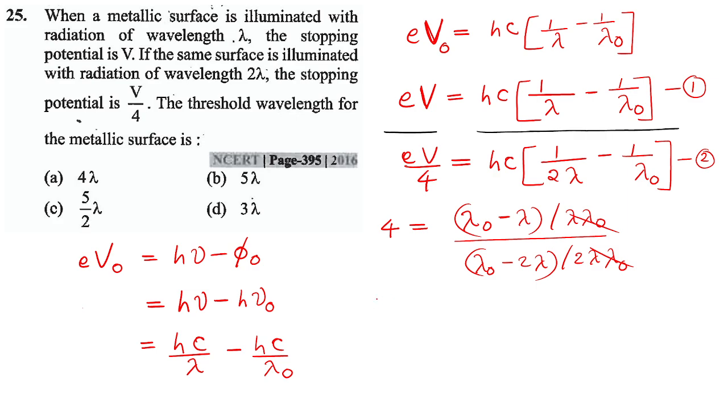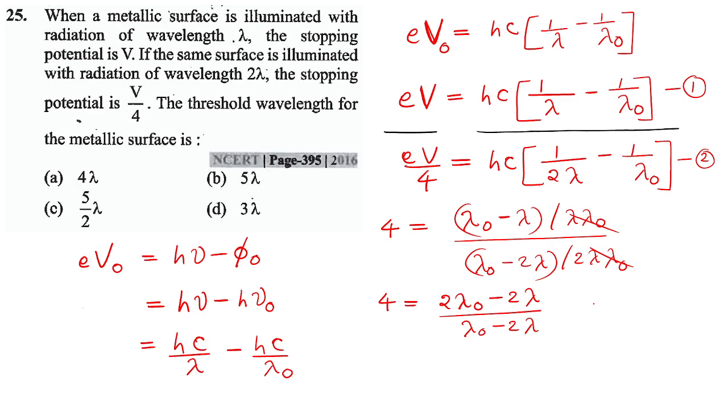You must be careful when you do the simplification, otherwise you will make a mistake. The 2 in the denominator goes to the numerator, taking the reciprocal: 2 times lambda 0 minus 2 times lambda divided by lambda 0 minus 2 lambda.